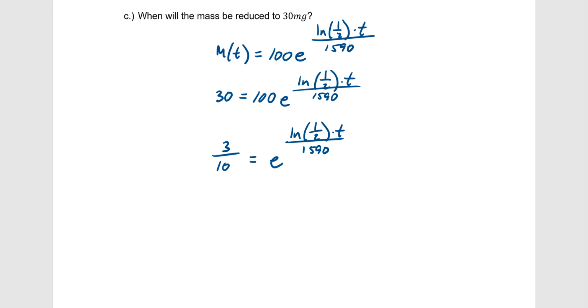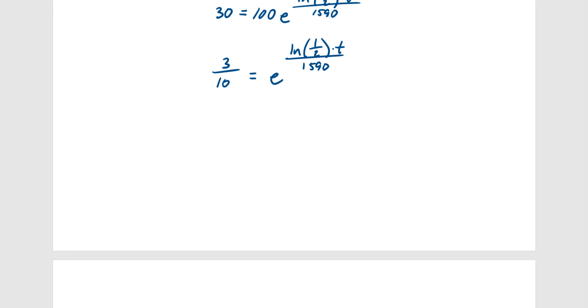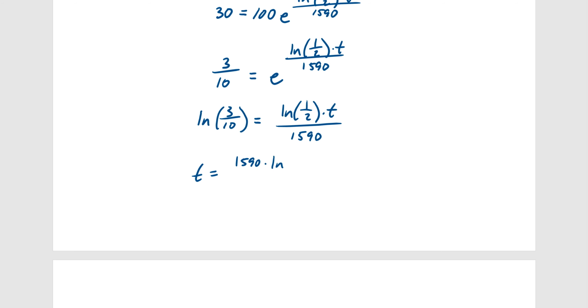And then we just solve this the same way we solved for k. We take the ln of both sides, ln of 3 over 10 equals ln of 1/2 times t over 1590. And now we can multiply both sides by 1590, and at the same time, divide by ln of 1/2, and we get 1590 times the ln of 3 over 10 divided by the ln of 1/2.